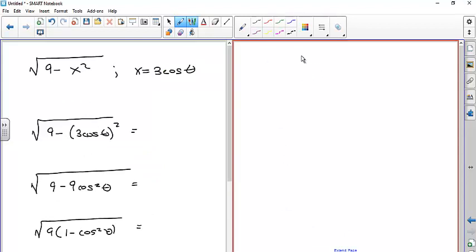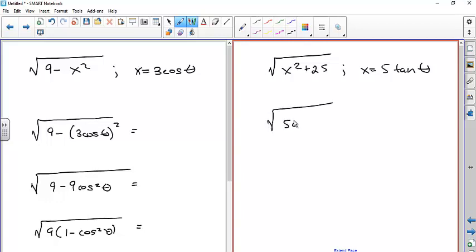So if you've got the square root of x squared plus 25, using the substitution x equals 5 tangent of theta. Again, plug in for x, so we have 5 tangent of theta quantity squared instead of x squared. If we square 5, we get 25.